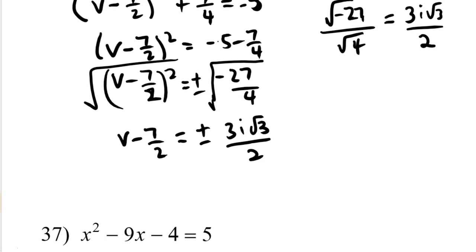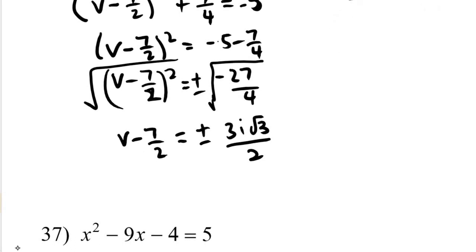Now we can get that fraction to the right side. So v equals 7 over 2, adding to both sides, plus or minus 3i root 3 over 2.